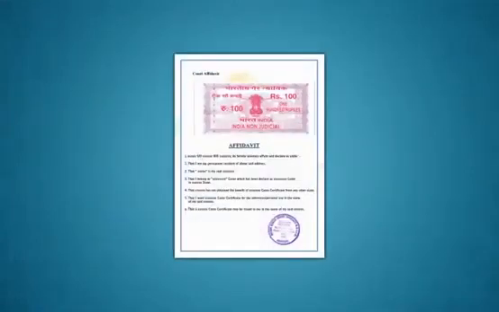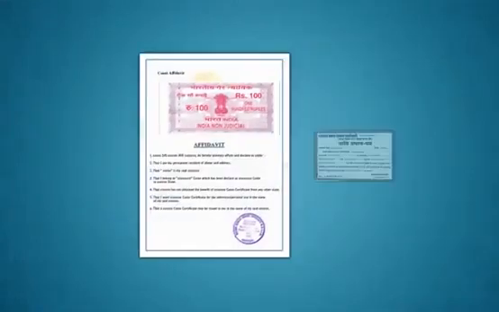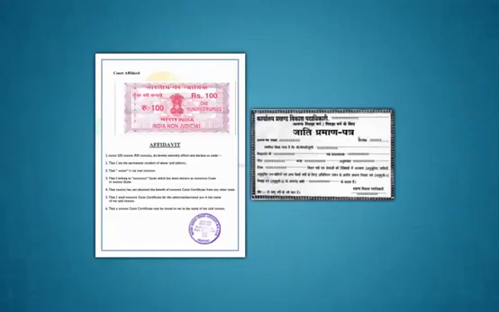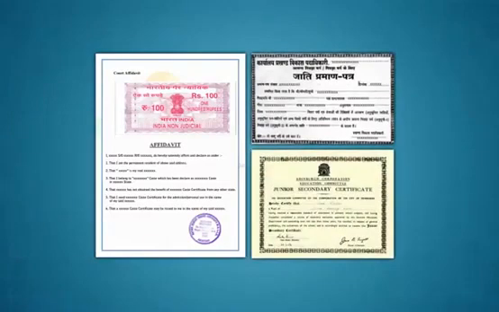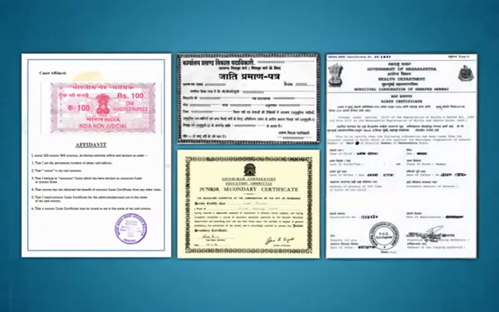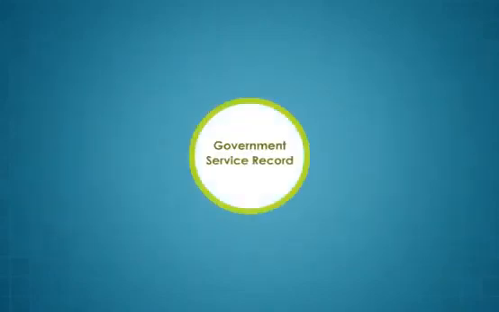An affidavit for caste certificate. The caste proof for your blood relative. An extract of your primary school leaving certificate of you or your father. An extract of birth register of the applicant or father or relatives. An extract of government service record or book mentioning caste or community category of applicant's father or relative.